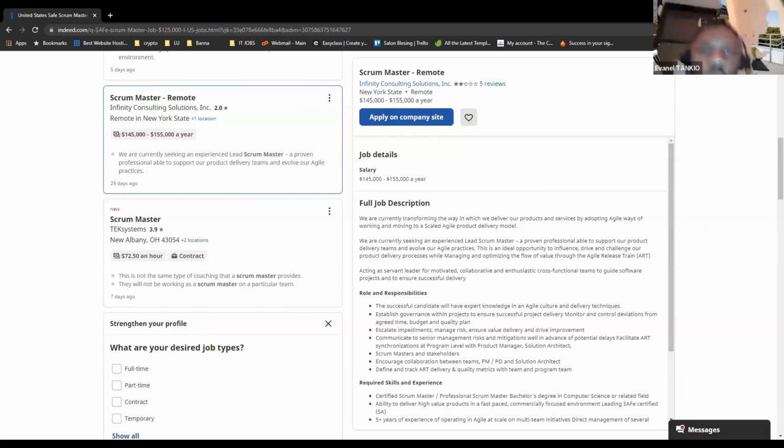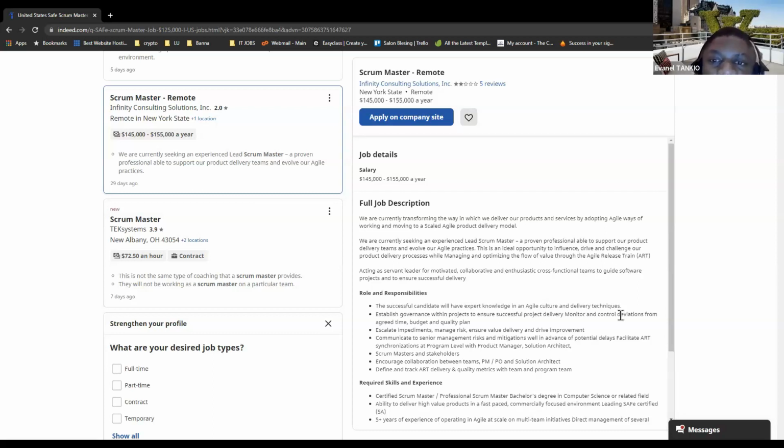Yeah, so we are currently transforming the way in which we deliver our products and services by adopting agile ways of working and moving to a scaled agile product delivery model. We are currently seeking an experienced lead Scrum Master, a proven professional able to support our product delivery teams and evolve our agile practices.